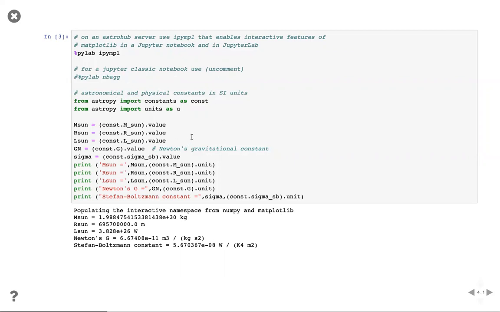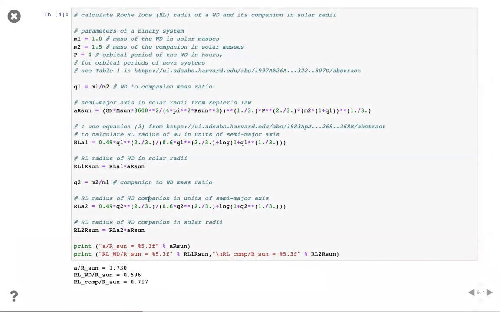This is just a Python notebook cell where you can change parameters. First, this cell just takes physical and astronomical constants: the solar mass in kilograms, the solar radius, solar luminosity, Newton's gravitational constant, and the Stefan-Boltzmann constant.